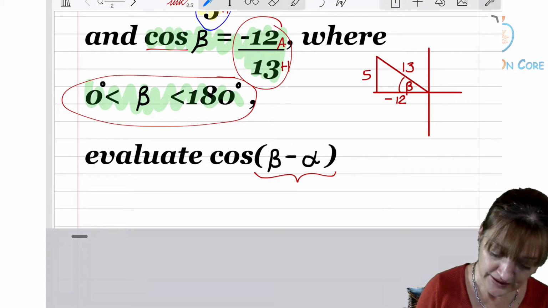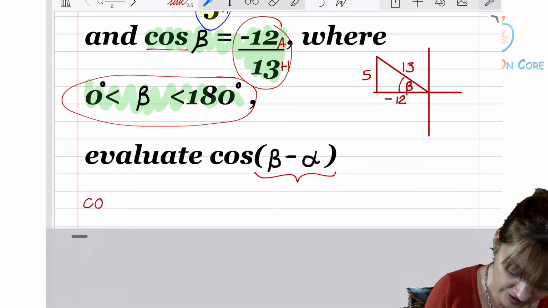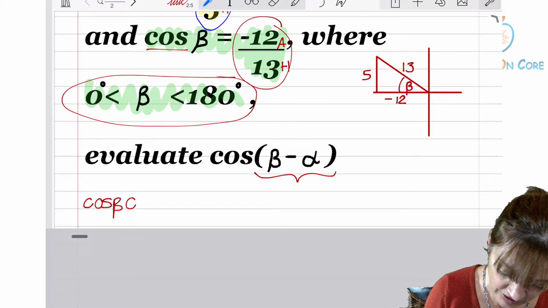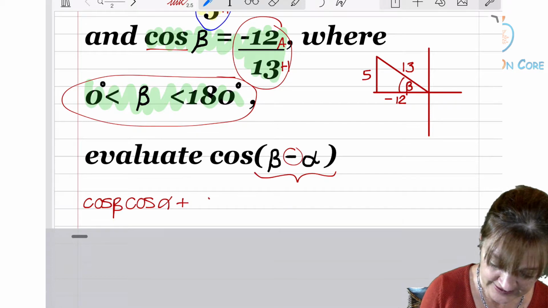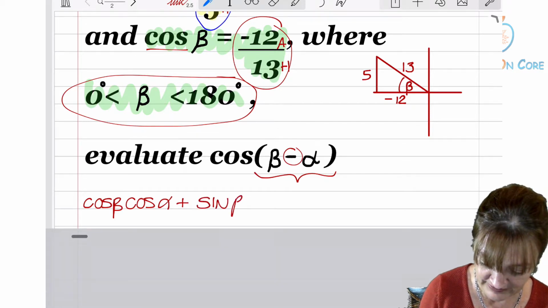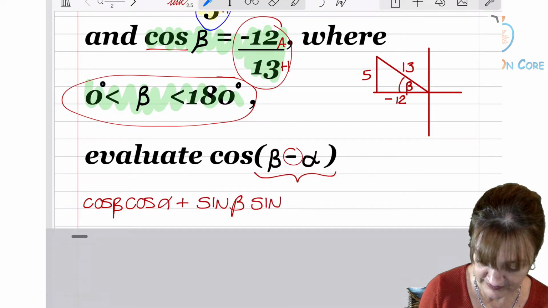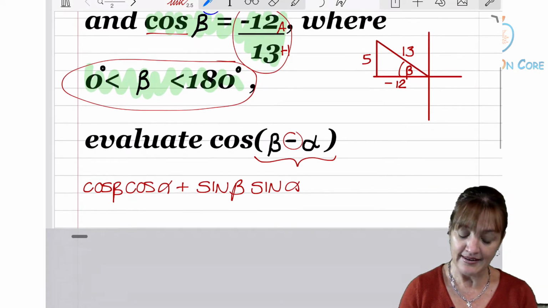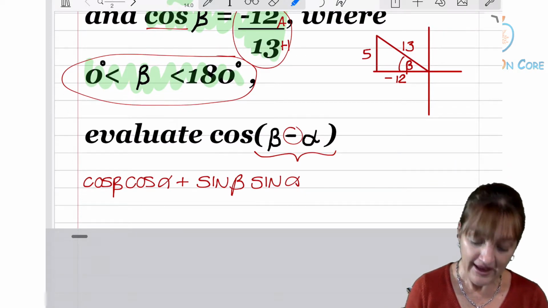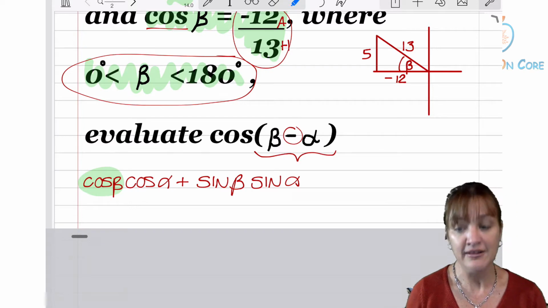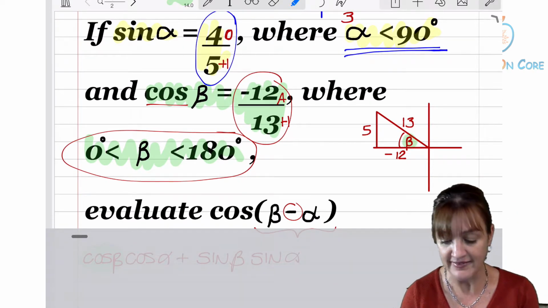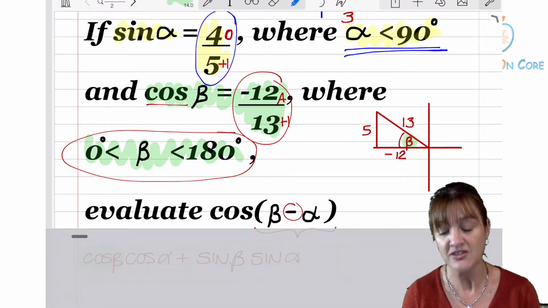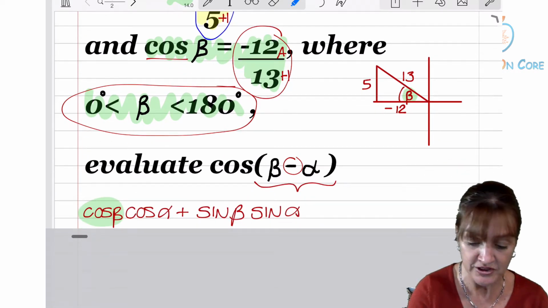So by stretching it out, we've got cos beta cos alpha, c for cos, c for change the sign, and then sine beta sine alpha. Okay, and now we need to do the following. I've got cos of angle beta. Now, cos of beta is my adjacent over my hypotenuse, which is negative 12/13.